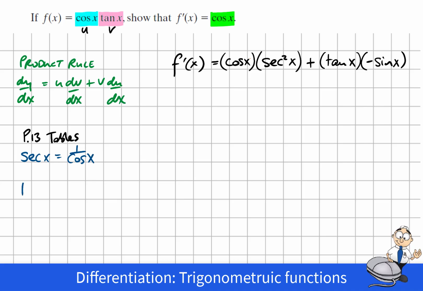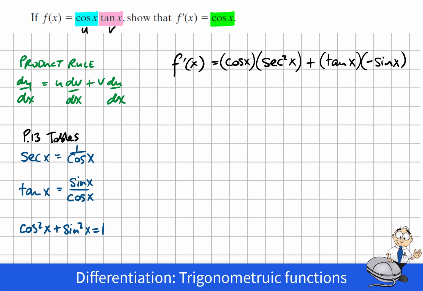It's hypotenuse over adjacent. Tan x can be expressed as sine x divided by cosine x. And it's going to be important in this as well that cos squared x plus sine squared x is equal to 1. And I'll explain that in a minute.